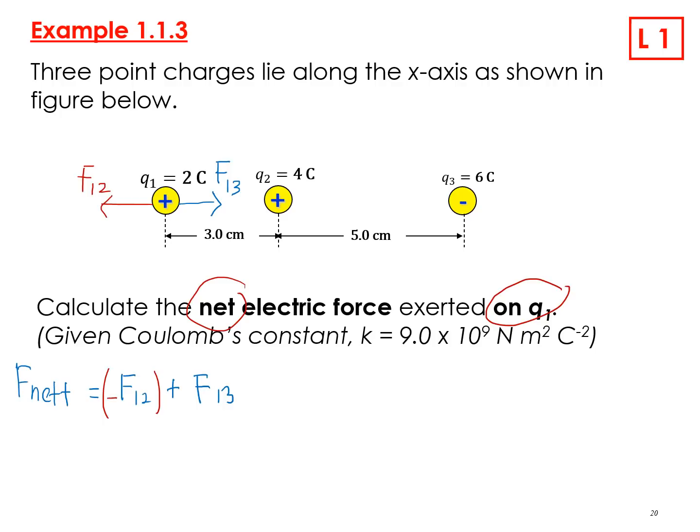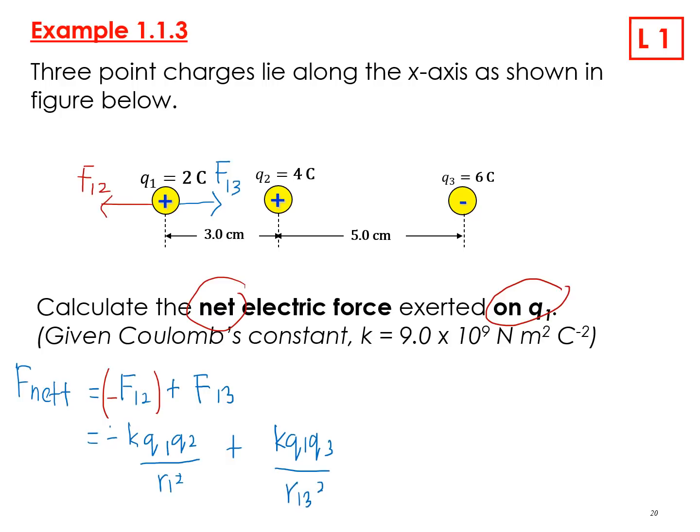Then you substitute the equation: negative kQ1Q2 over R12 squared plus kQ1Q3 over R13 squared.